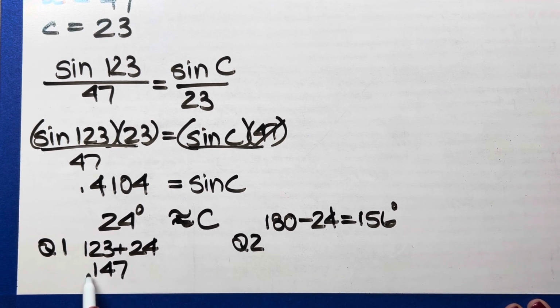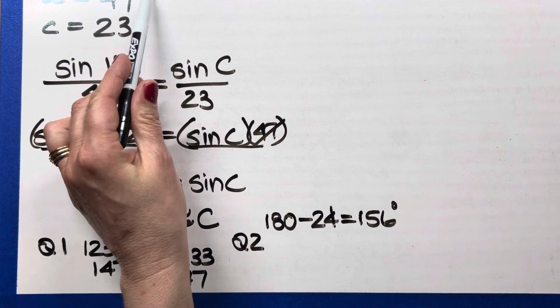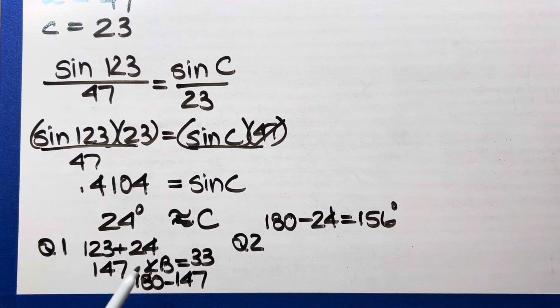So that's okay because 147 degrees leaves me with enough so that I could form another angle B, right? And that angle B would be 180 minus 147, pardon me, which would be 33 degrees. So I could have a triangle with a 123 degree angle, a 24 degree angle, and a 33 degree angle.